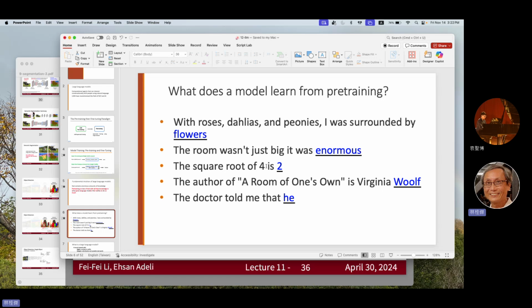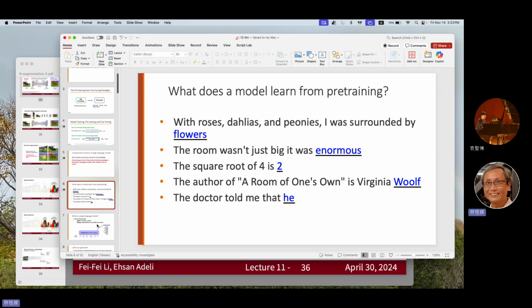The next word could be anything except 2. It's not 3, it's not 5. Maybe in the sentence before this one, the person has described something, and then you are answering the question, saying the square root of 4 is not that, it should be this.